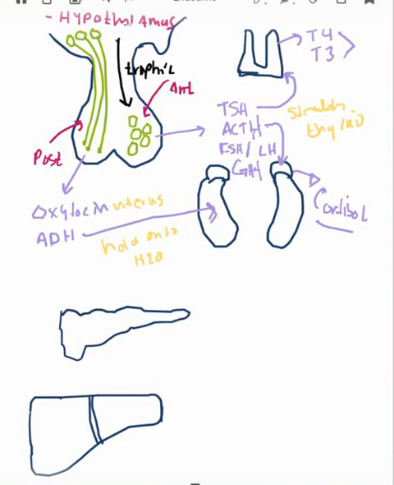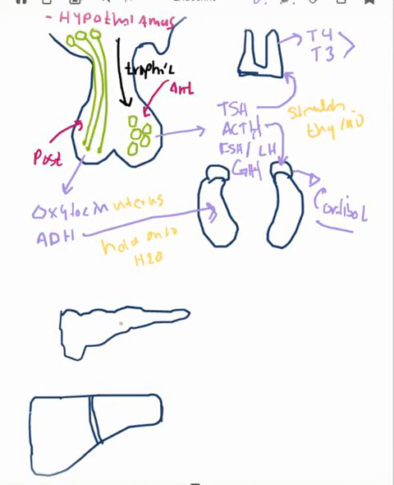Now that we've talked about kind of the whole pituitary, the hypothalamic pituitary connection with all the hormones, I just want to talk about something else real quick, and that is the pancreas down here. The pancreas, not only does it secrete digestive enzymes like lipases and protease enzymes that help us digest primarily proteins, but the pancreas is also an endocrine.